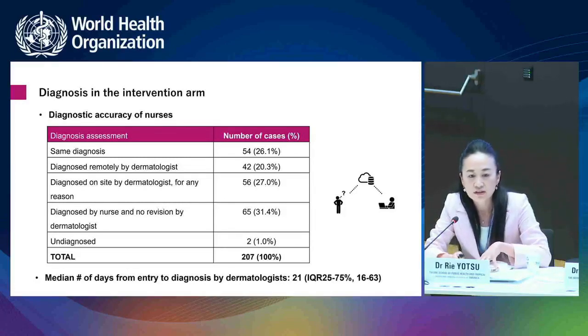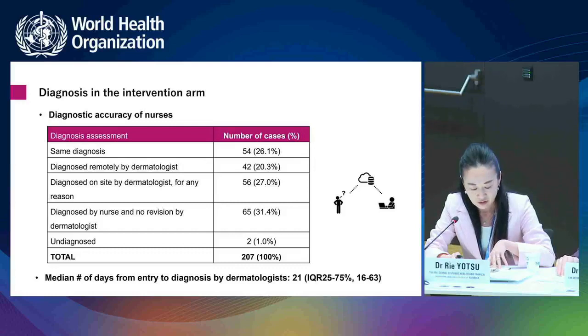For the diagnoses that were done on-site, this was for multiple reasons. Sometimes the images were not uploaded to the platform because of the poor internet connectivity, and the image size can sometimes be large if there are multiple images.